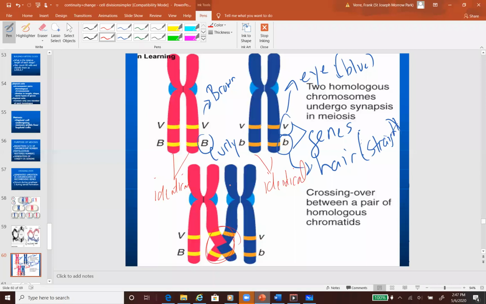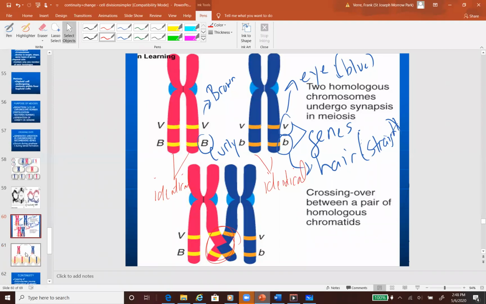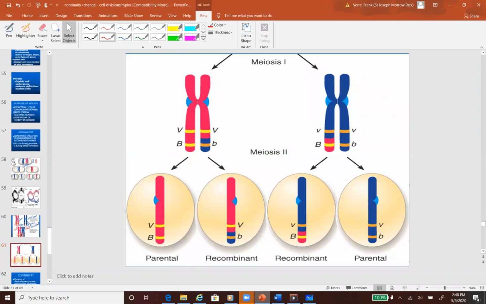So if I have this blue chromosome, which I said blue was the mother, and I have this red chromosome, which I said is the father, and they exchange, do a little swap here, then what you end up with is, now you'll notice a red chromosome with a little bit of blue in it, and a blue chromosome with a little bit of red in it, okay?